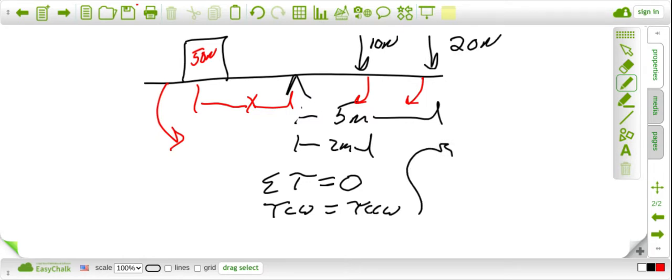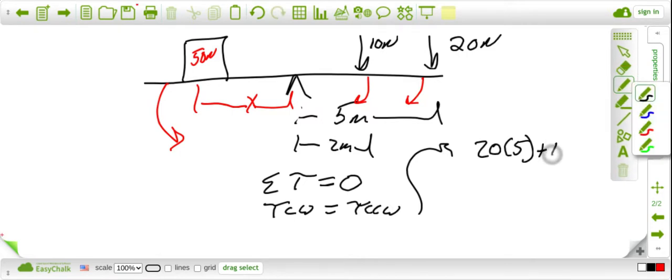That means that 20 times 5 plus 10 times 5 has to equal 50 times x. So 100 plus 50 is equal to 50x.